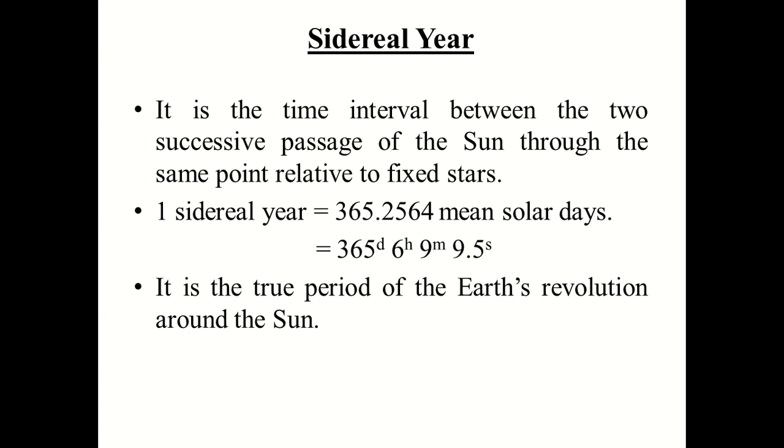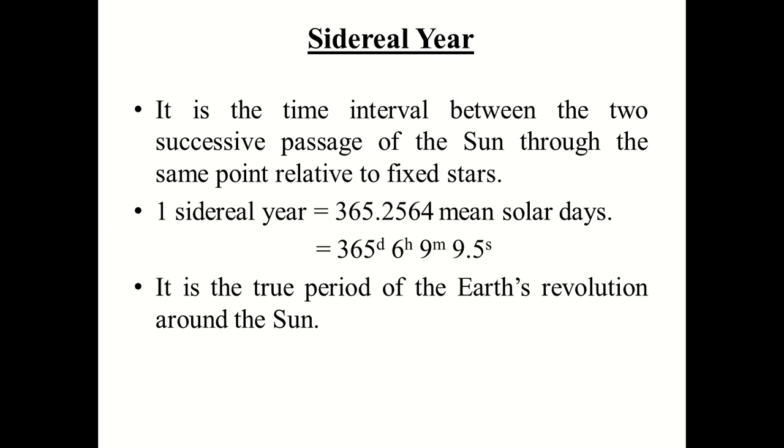Some of the stars, if you observe the night sky, will change position as the days or years go by, but the fixed stars almost have a fixed position when we consider the human lifetime.